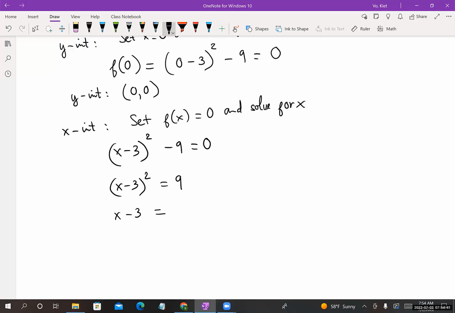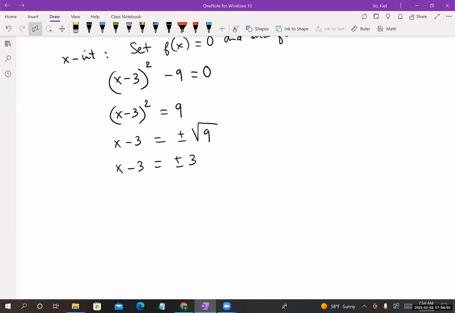So take the square root on both sides, and get plus or minus the square root of 9, which turns into 3. So x minus 3 is plus or minus 3. So I have two equations here: x minus 3 is 3, or x minus 3 is equal to negative 3.